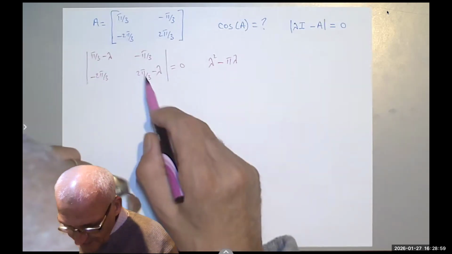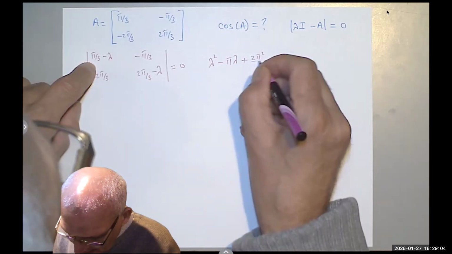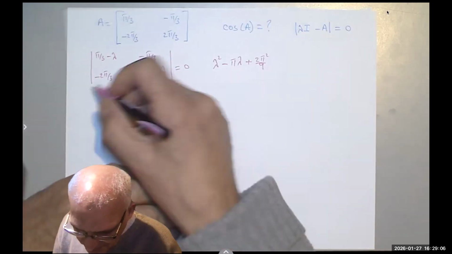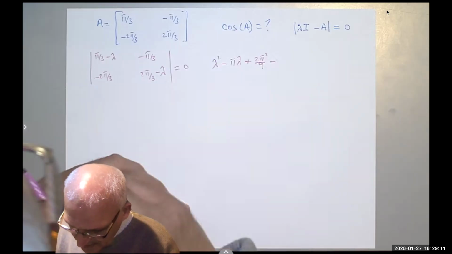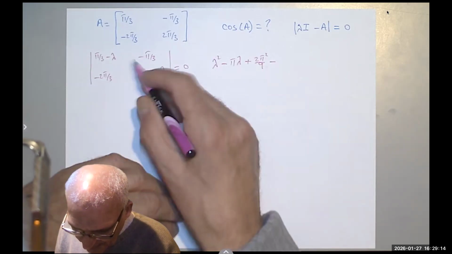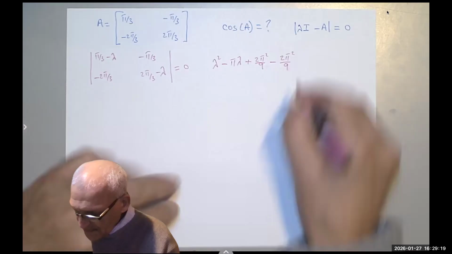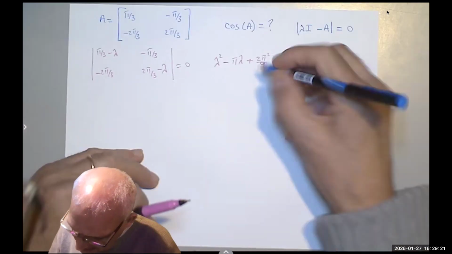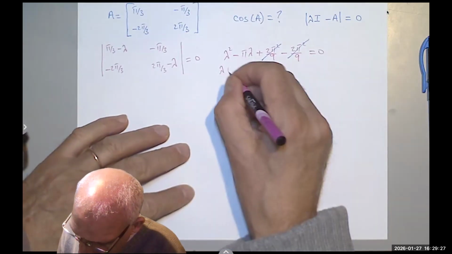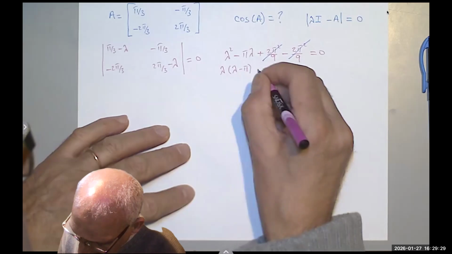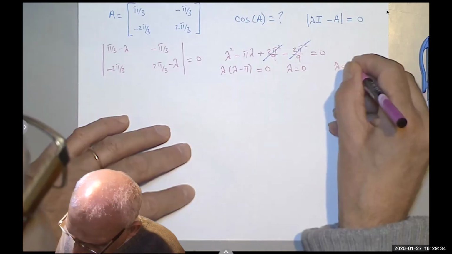And then you have 2 pi over 3 times pi over 3 is plus 2 pi square over 9. And then you subtract the other diagonal, minus. I have negative times negative is positive, so it stays minus 2 pi square over 9 again. And you equate that to 0. So of course, these two cancel. You factor out lambda, so you get lambda times lambda minus pi equals 0. So either lambda equals 0 or lambda equals pi.